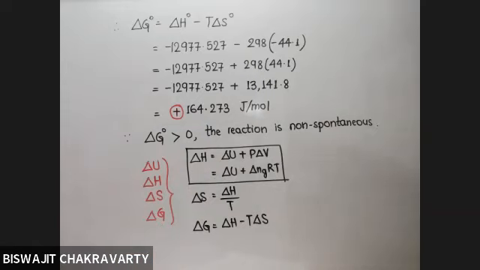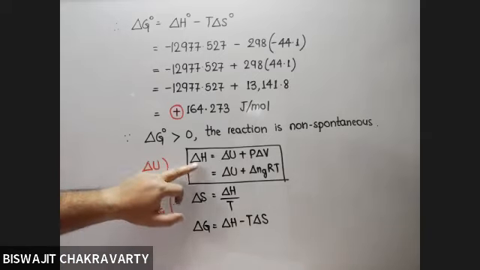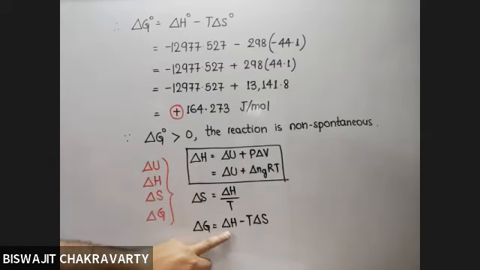And just now, whatever question we have done, you were given delta U and delta S, with the help of which delta G was to be calculated. When it is at standard condition, it becomes degree. Rest everything is same. So with the help of delta U, we can calculate delta H, and after that we can put the delta H value to get the value of delta G, because as such both temperature and delta S were known to us.